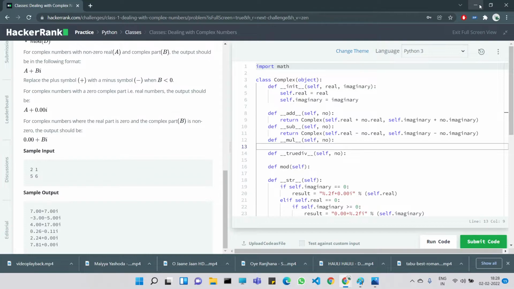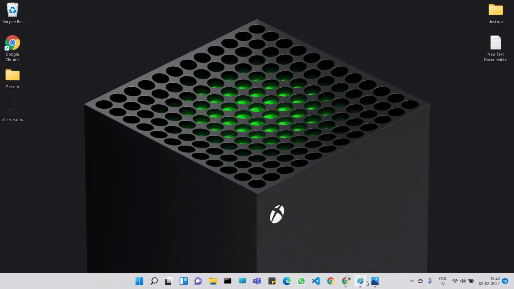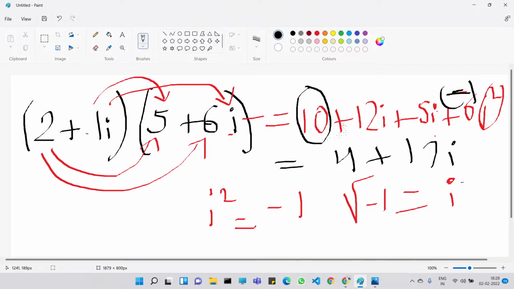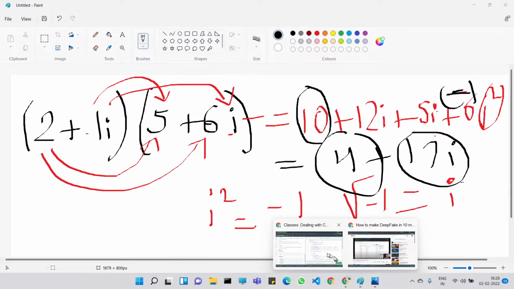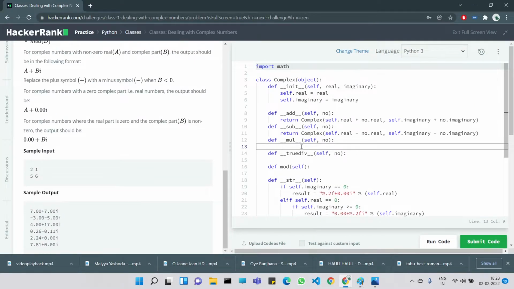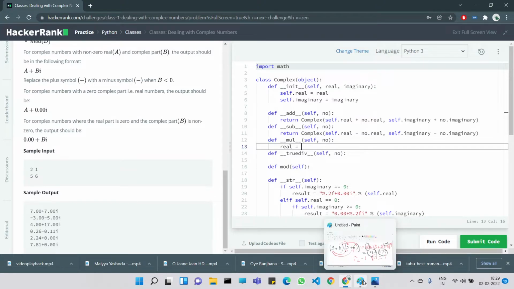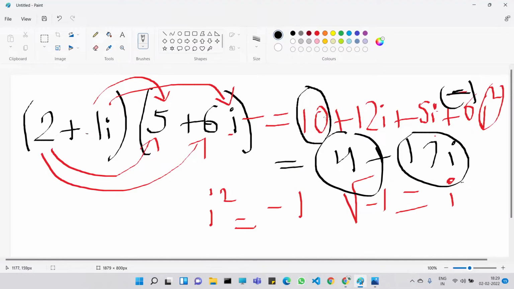So when we need to do that, we have to mention each of the elements first. So here we have, this term is real and this term is imaginary. So in order to get the real part, first we declare a variable real equal to, let's check for the real.